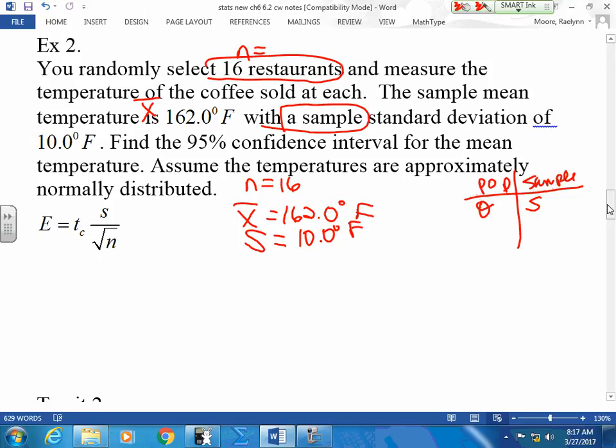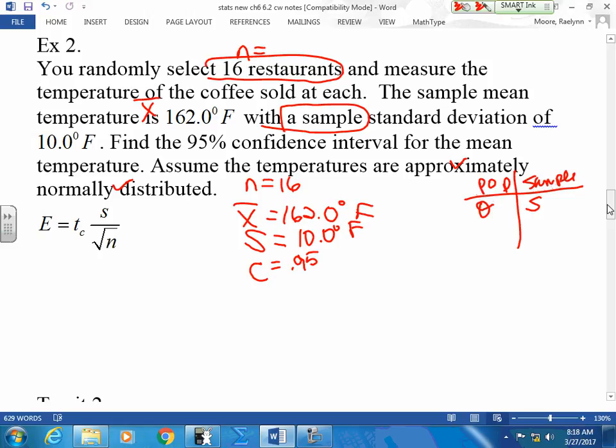My sample standard deviation is 10 degrees Fahrenheit. We want to find, with a level of confidence of 0.95, the interval for the mean temperature. Now look what they told us: assume the temperatures are approximately normally distributed. They have to tell us that. Why? Because n is less than 30.